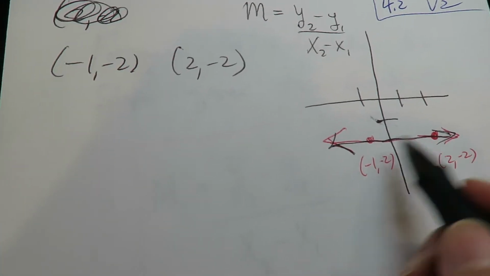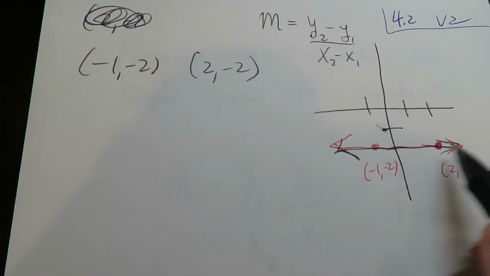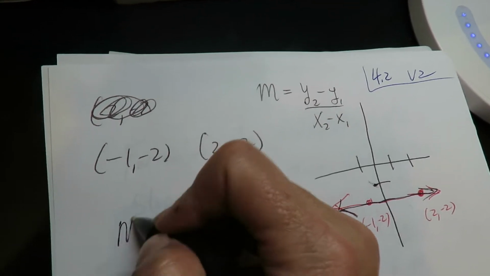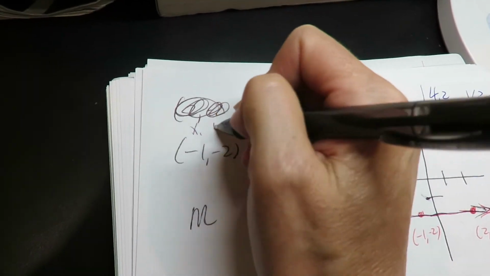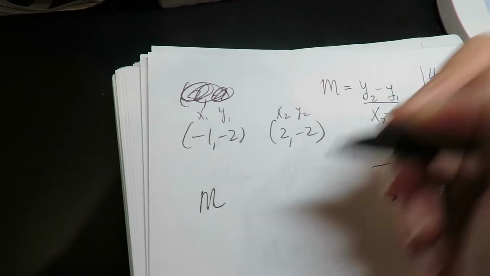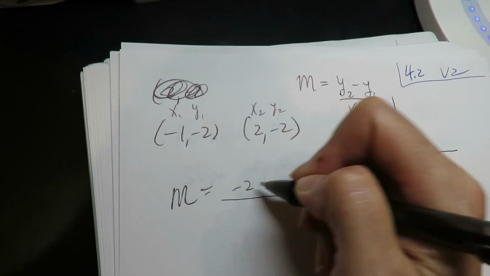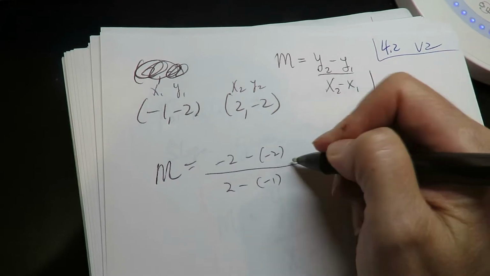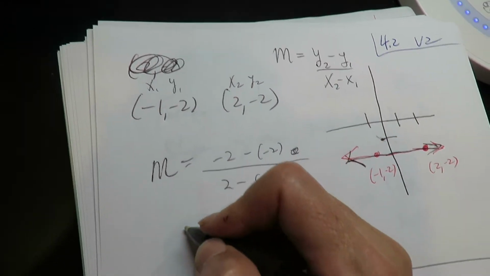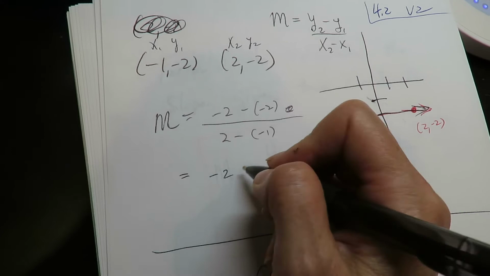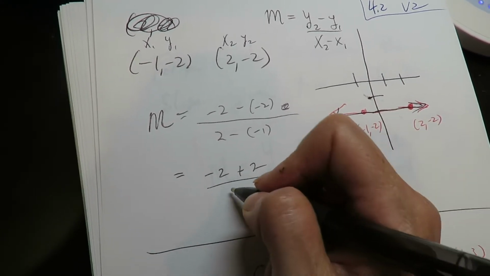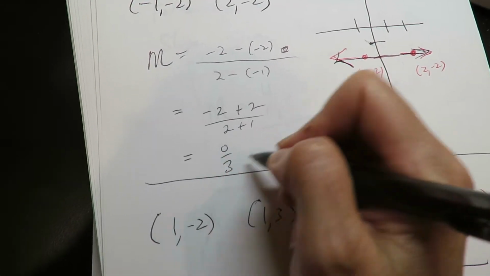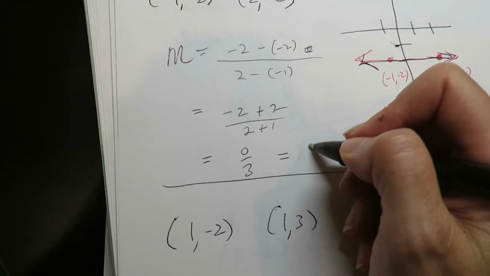What happens is when you have a horizontal line, the numerator is going to end up being 0. So if you look at this one here, 0 over anything is 0.